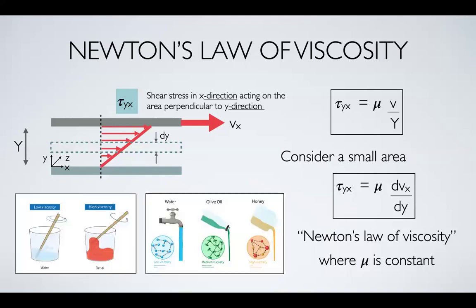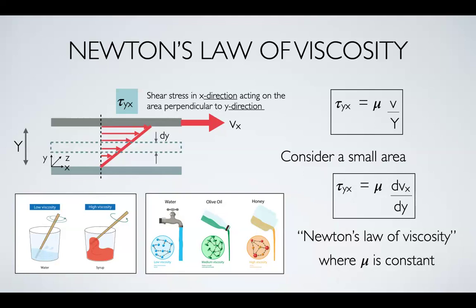If you take a look at this equation, we can look at a real application. On the left-hand side, at the bottom, we have a low viscosity fluid, and the red one here is a high viscosity fluid. For the high viscosity fluid, you must apply a larger force, or in this case a larger shear stress, in order for it to move. Same thing with these examples: we have water, olive oil, and honey.